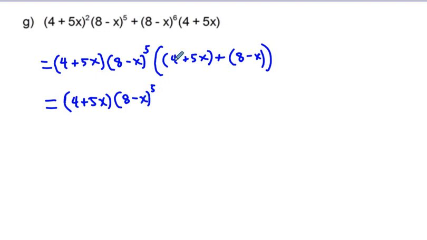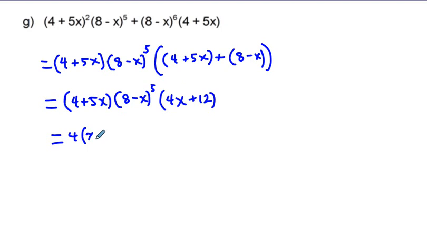And then we just combine the terms together. We're going to have 5x minus x, so that's going to be 4x. And then we have 4 plus 8, which is going to be plus 12. And we can further factor here because our greatest common factor between 4, 4x and 12 is going to be 4. So we can bring this 4 out in front. I'll just rewrite the order here.